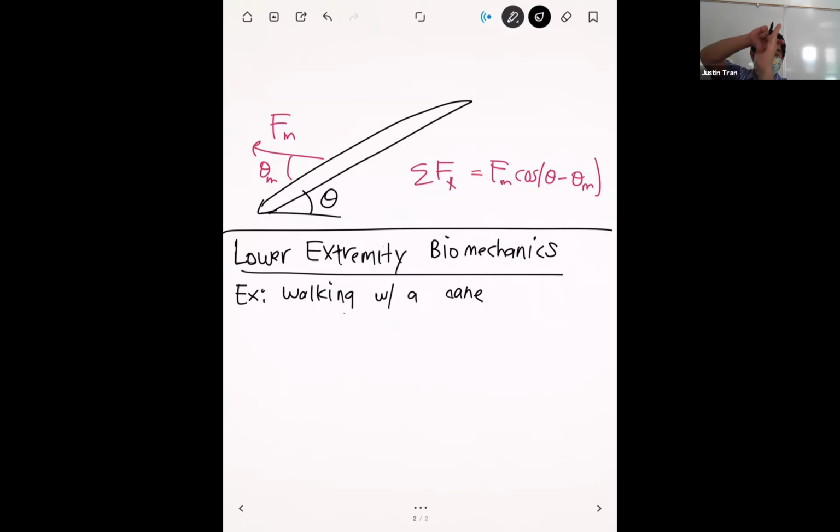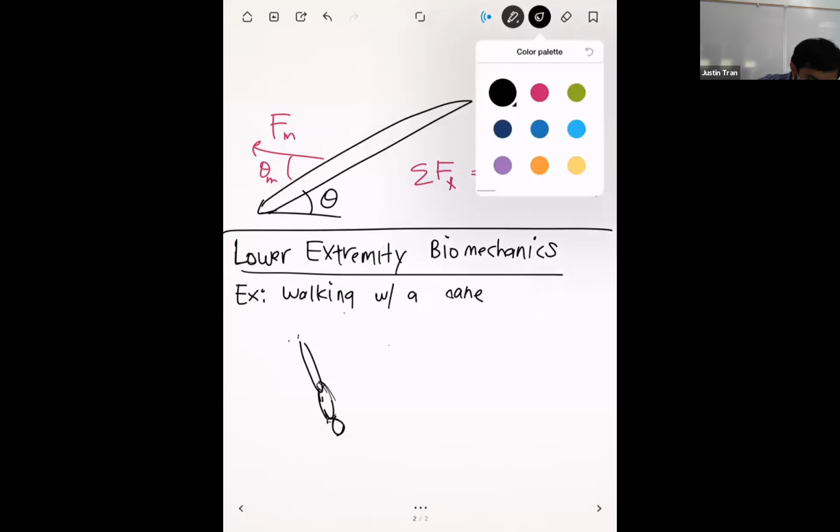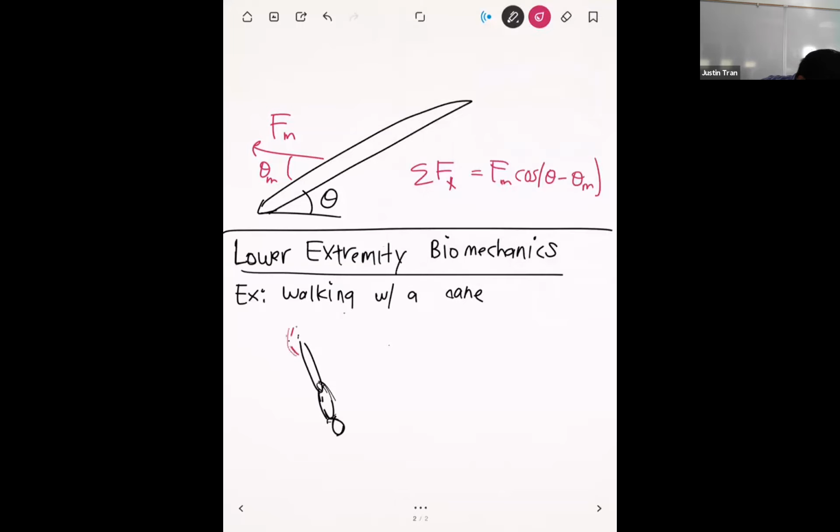And so your hip flexor muscles, let's say this is your thigh, that's your lower leg, and that's your foot. Remember, your hip flexor muscles are basically these muscles right here. Let's say the person's pelvis is right here, and their other foot is off the ground.